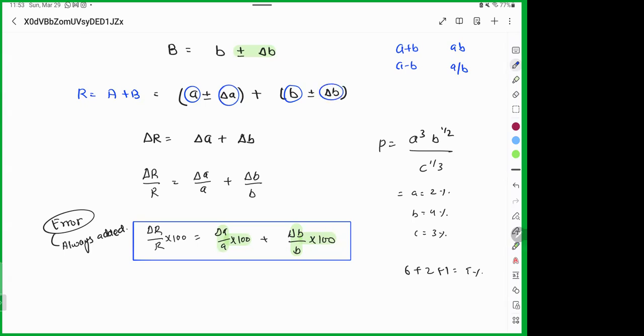Error is always added. Understood? Everybody understood this, guys?